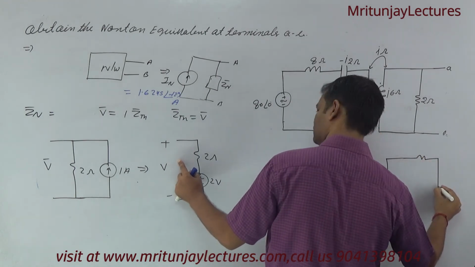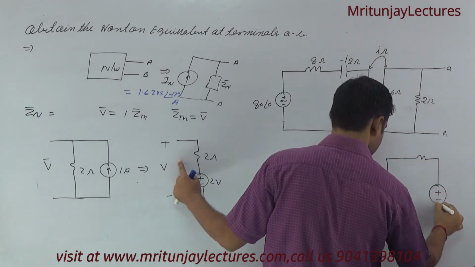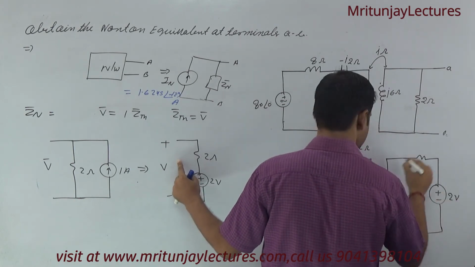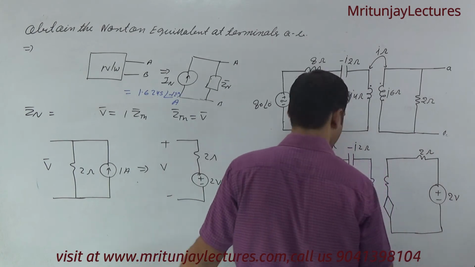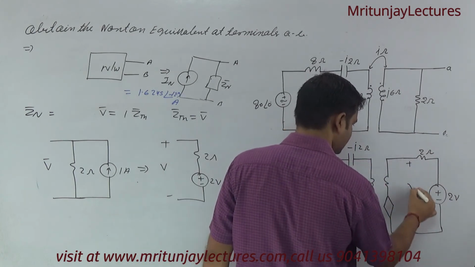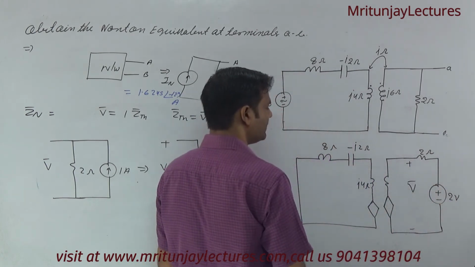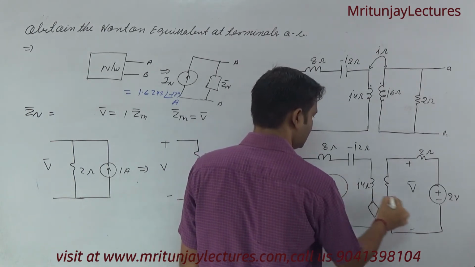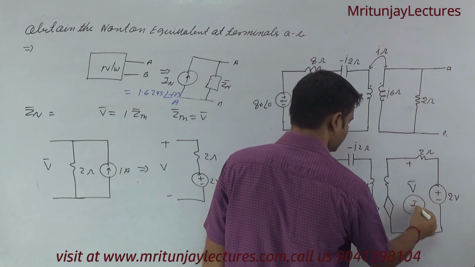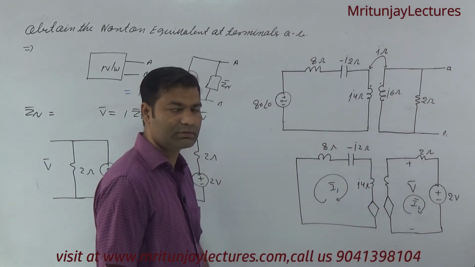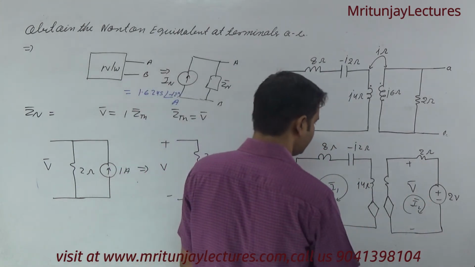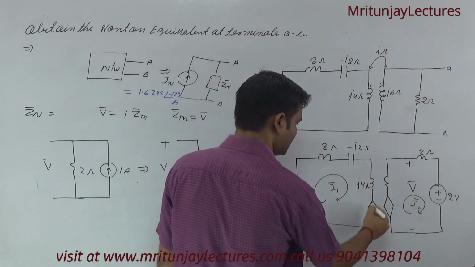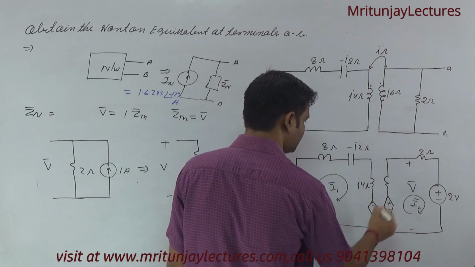2 plus minus, that is 2 volt, and that is 2 ohm, and here that is V. Okay. Now consider this one as I1 and this one as I2. I have already discussed, if you consider I1 and I2, here negative, here positive, and positive, here negative.